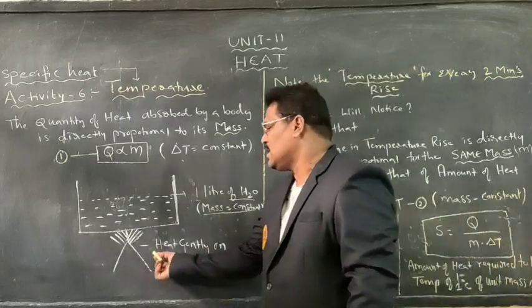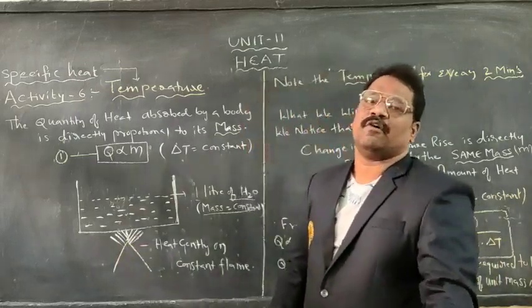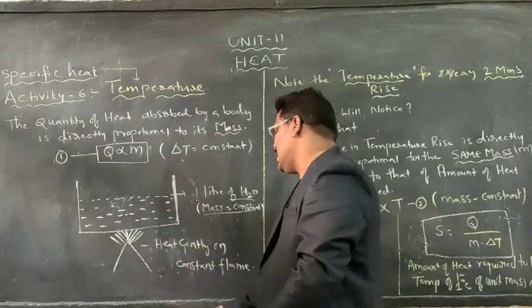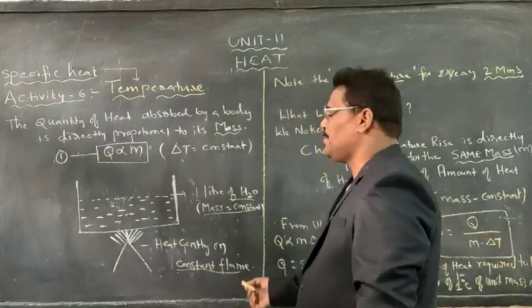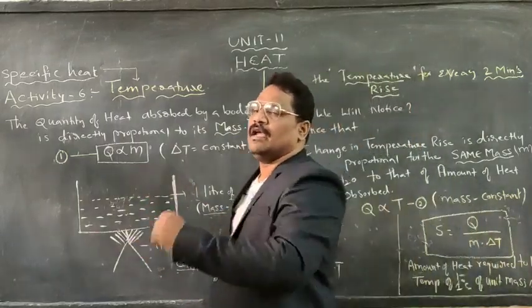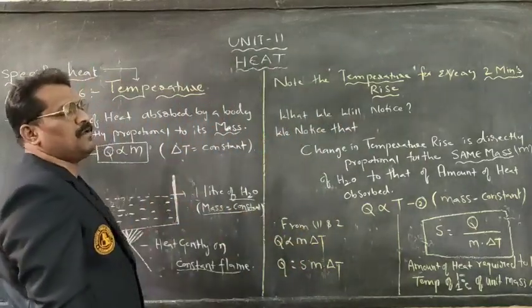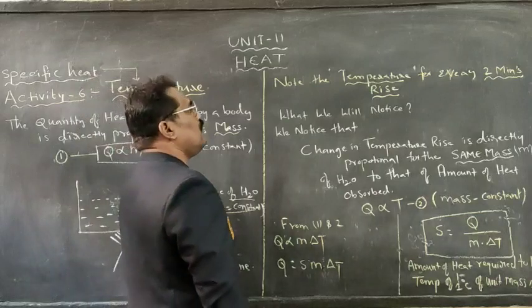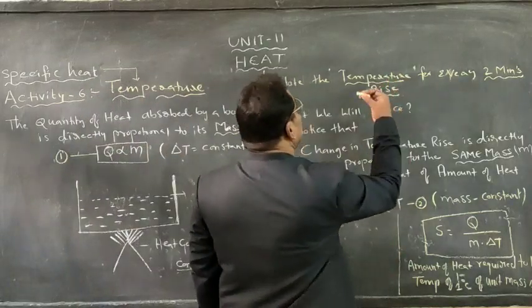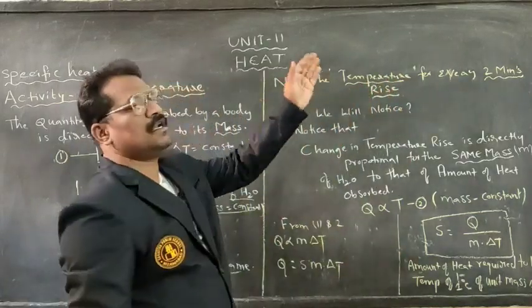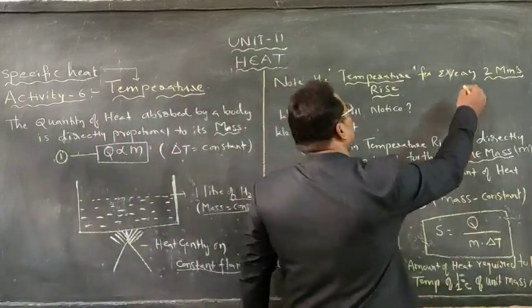Then afterwards, I take a spirit lamp or anything else and heat gently at a constant flame. As we are heating gently at a constant flame, what happened? Note the temperature rise for every 2 minutes.